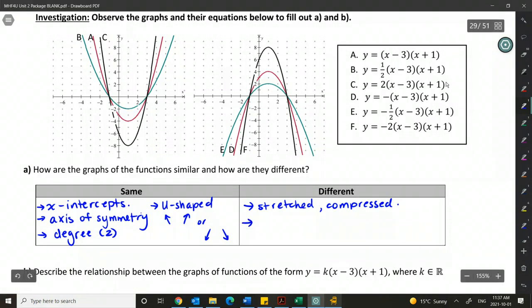Okay, so the first ones are all facing up, the second ones are all facing down. So we could say A, B, C faces up, or opens up, maybe would be a better description. And then D, E, F opens down.